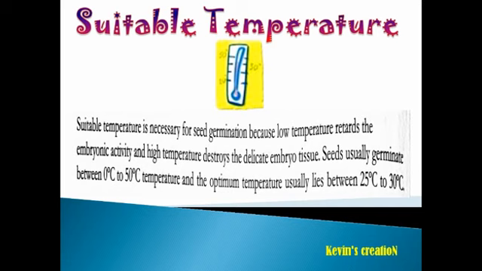So in both cases, if the temperature is very low or very high, seeds cannot germinate. Seeds usually germinate between 0 degrees and 50 degrees, and the optimum temperature usually lies between 25 degrees and 30 degrees. That means the best suitable range for seeds to germinate is 25 to 30 degrees.